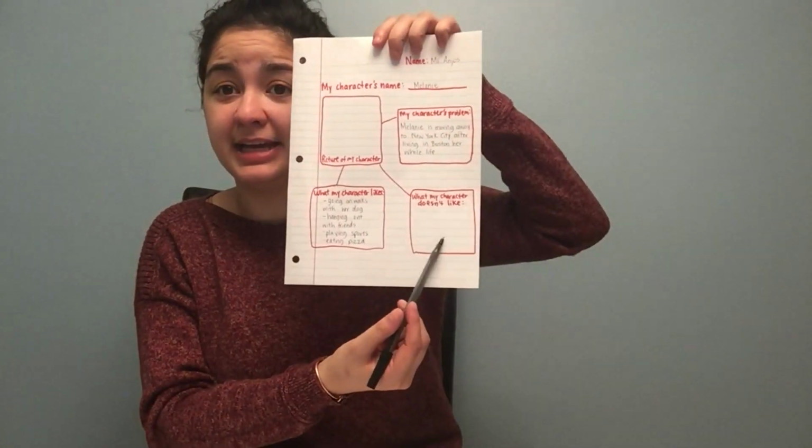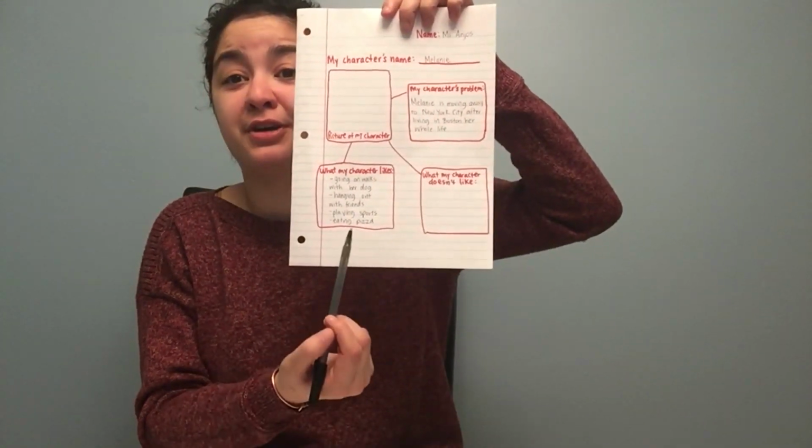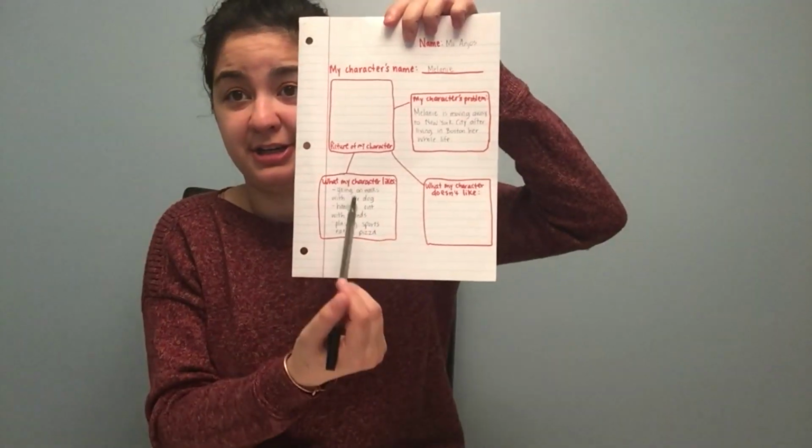So after reading my box, I have an idea in my head, and my reader can imagine what Melanie enjoys doing with her time. She likes being outside, clearly, right? She walks with her dog, she plays sports, she likes eating, and she likes being with company. So she is a pretty social being. Now we get into what our character doesn't like. And this helps us further understand your character.